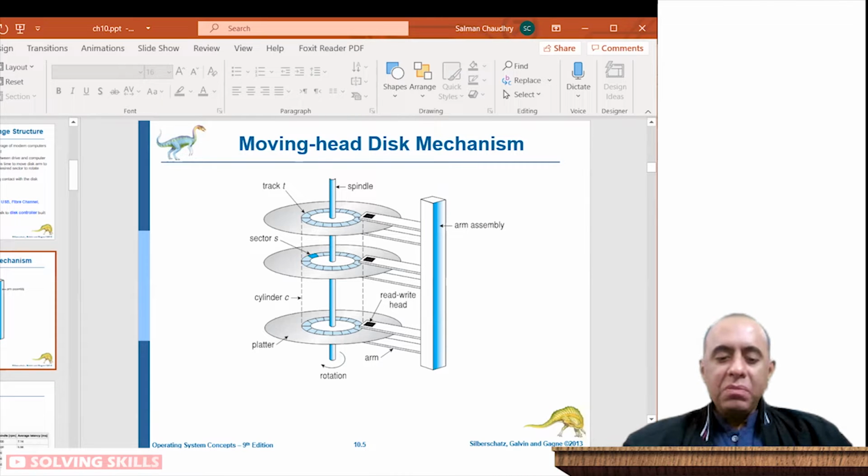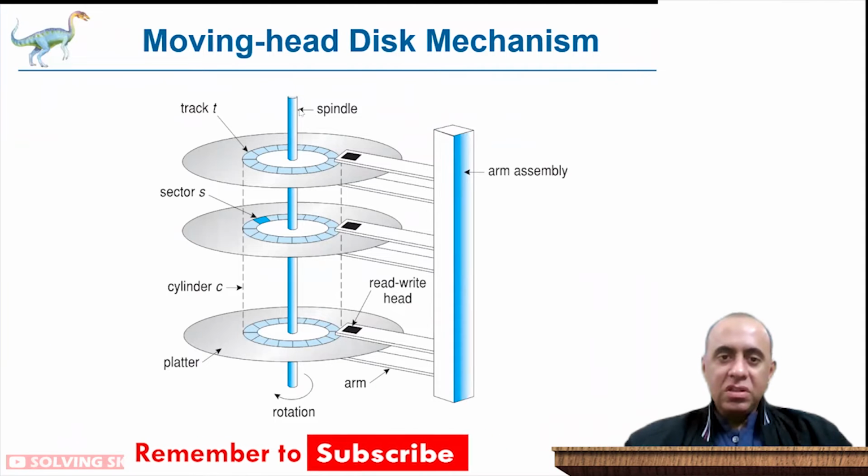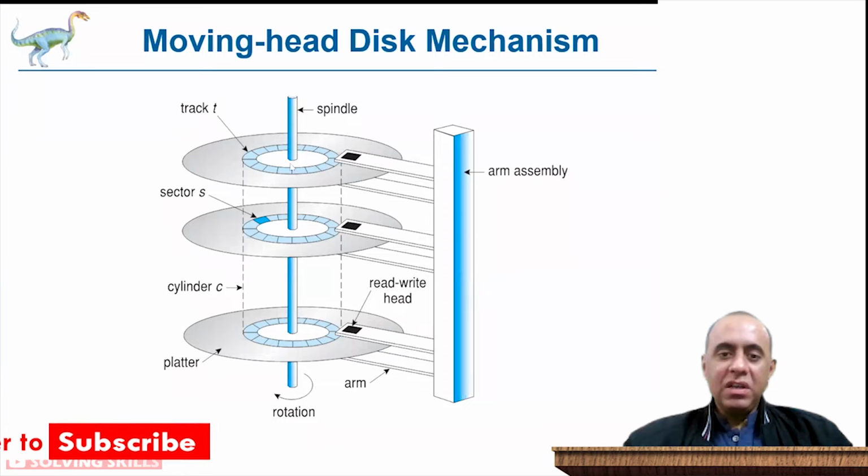But I'm still going to quickly go through what the mechanical disk drive was and still is in certain places. So this was the structure of the mechanical disk. We cannot see these divisions physically on the surface of these platters, but we logically make them.